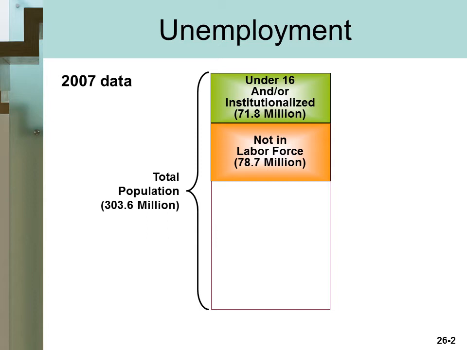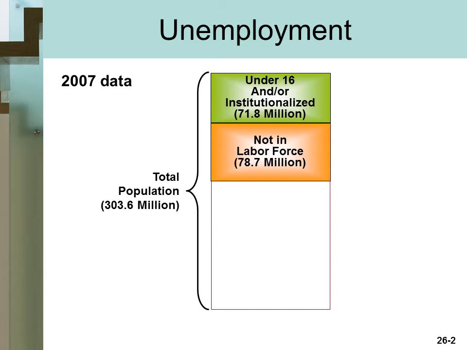The way we go about calculating the unemployment rate is we divide the American population into those who are in the labor force versus those who are not in the labor force. Of the total population of roughly 303 million in 2007, you had 78 million in one group that are not in the labor force, another 71 million in another group.